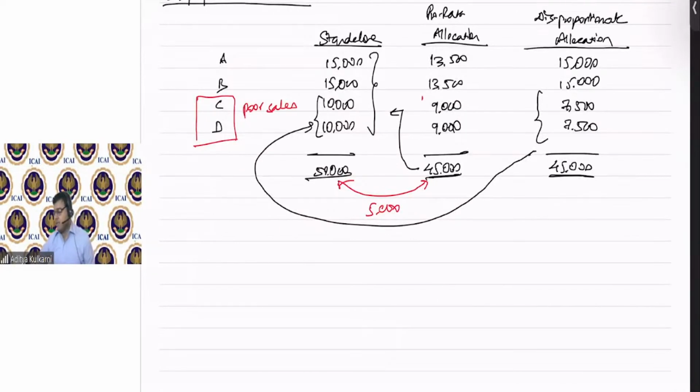Are we clear with this? Did you follow disproportionate allocation?